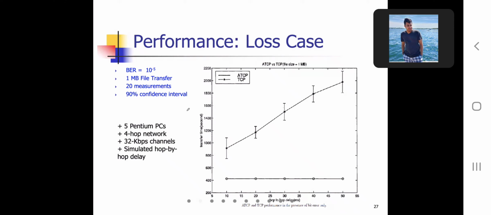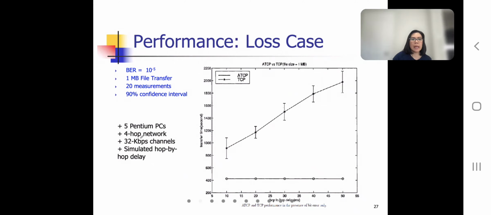So in this experiment, they simulated a 4-hop network. So that means 1, 2, 3, 4, so they use 5 computers, 5 Pentium PCs. It's been a very long time ago. They use 5 PCs to simulate a 4-hop network. The channel capacity is 32 kilobits per second, which is a low bit rate as well. And they simulated hop-by-hop delay.